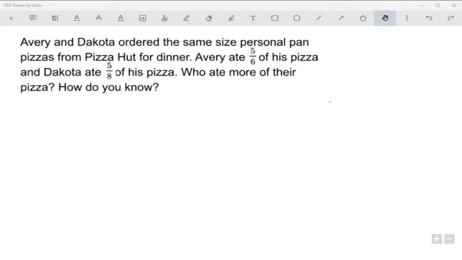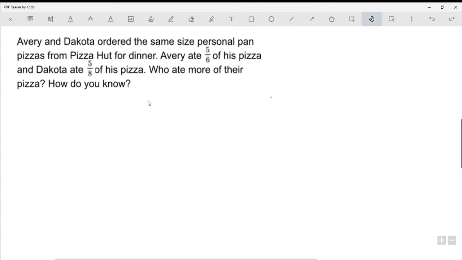Today we are going to talk about comparing fractions. Which fraction is bigger?